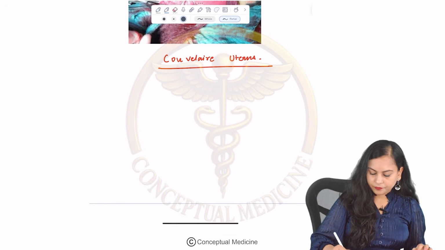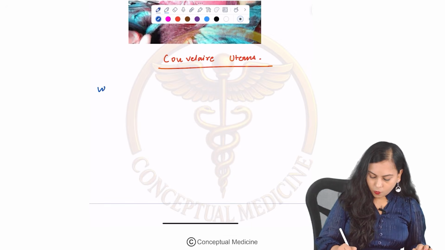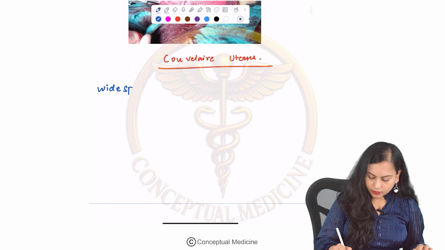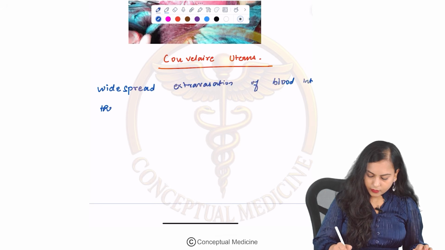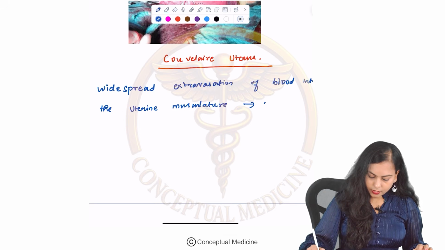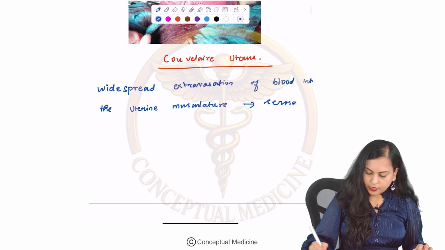So, there is widespread extravasation of blood into the uterine musculature and also into the uterine serosa.